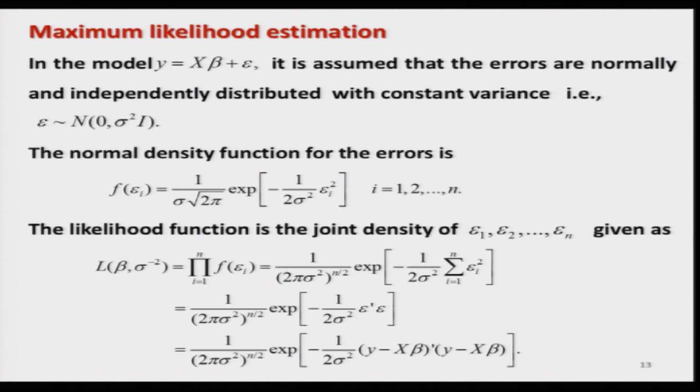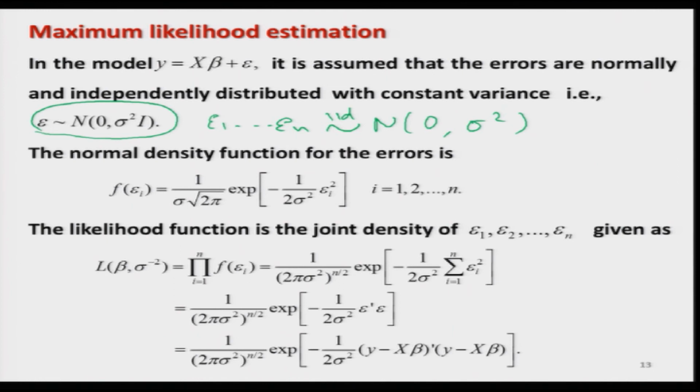Now we assume that epsilon follows a multivariate normal distribution with mean vector 0 and covariance matrix sigma square I. This means all of epsilon 1, epsilon 2, up to epsilon n are IID, identically and independently distributed following a normal distribution with mean 0 and variance sigma square, and hence I can also find the distribution of y, which I already did in the earlier case.